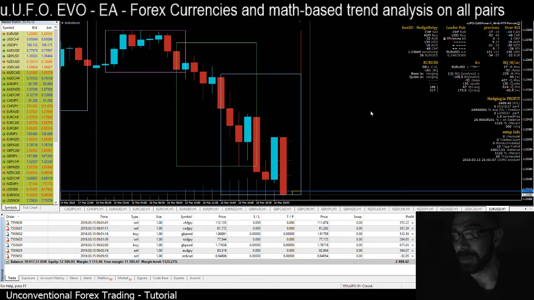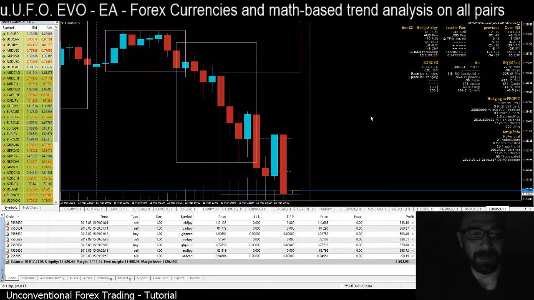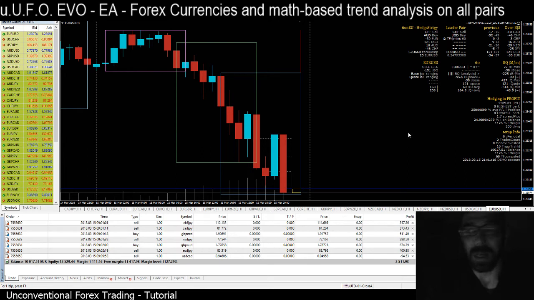So it has to be applied then to the 28 currency pairs, okay? And that is our goal, because let's start very briefly.